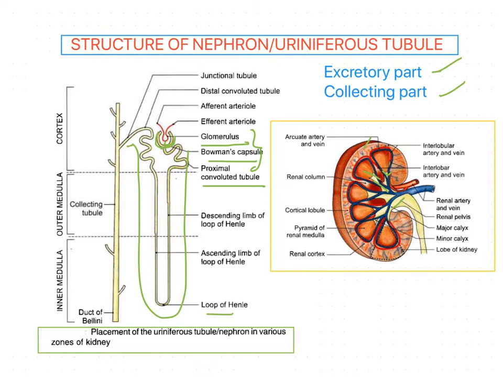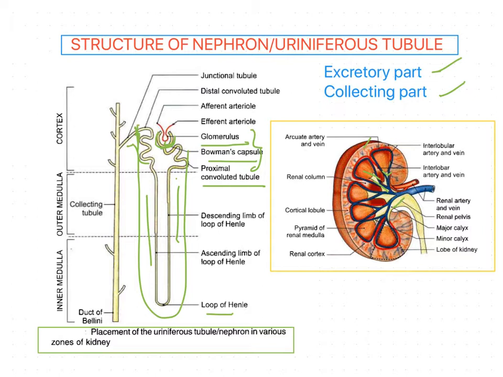This one is the descending limb and this one is the ascending limb. After that you have the distal convoluted tubule. Up to here is called the renal tubule.